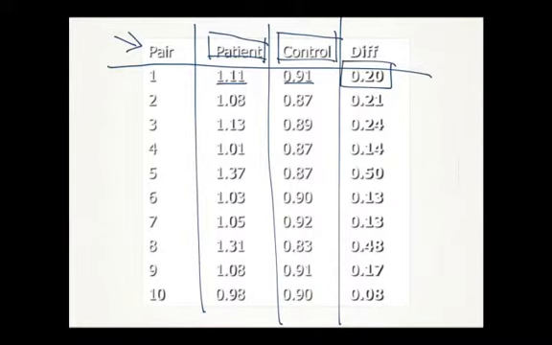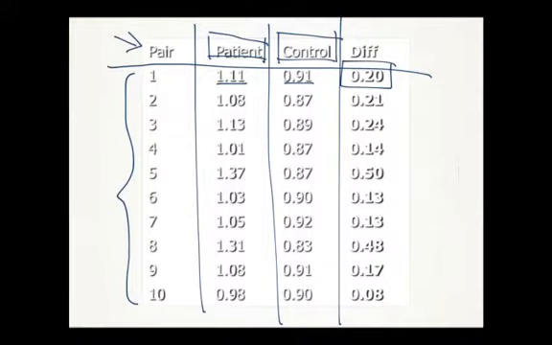Okay, so does it appear that there's a difference between patients and controls? Well, as I look down, and again, you'll notice I only have 10 patients to work with, so a small sample size, and so you can see why we're using this as an example for nonparametric testing, because with such a small sample size, we might be unwilling to assume normality.